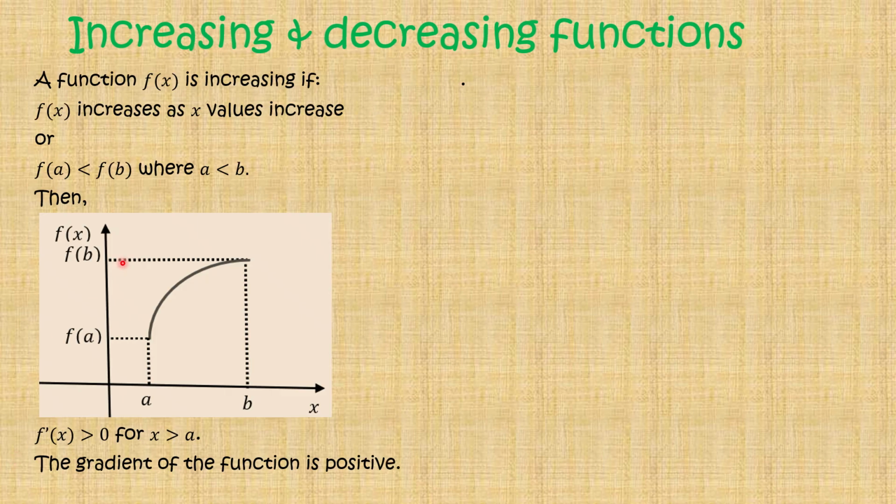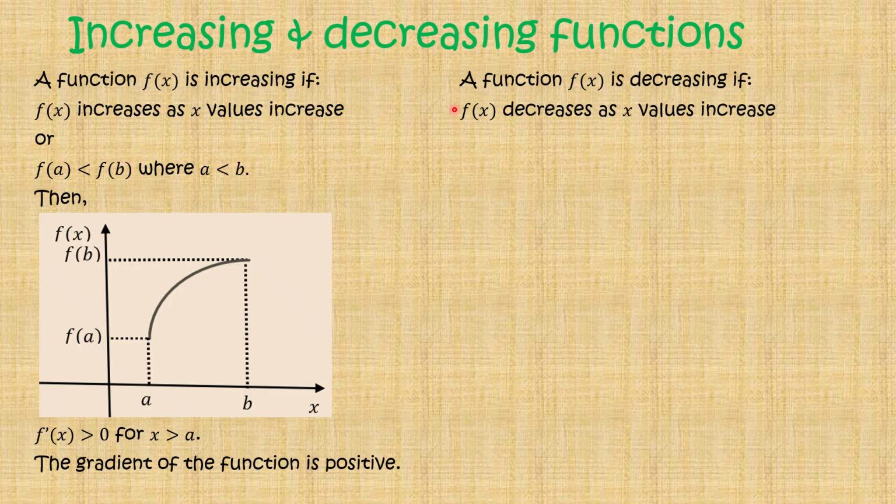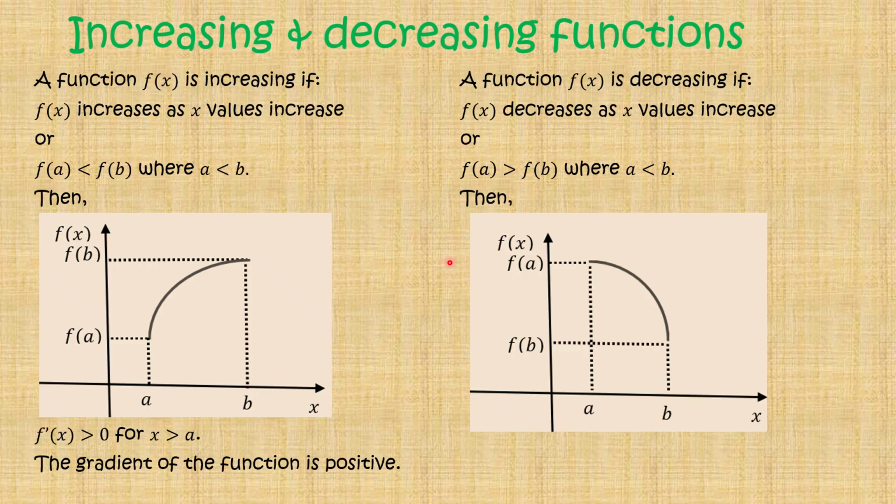Let's check out the other part. A function f of x is said to be decreasing if f of x decreases as x values increase, or mathematically, f of a is greater than f of b, where the a value is less than the b value. According to the graph, we can see that a is smaller than b, but f of a is actually greater than f of b.